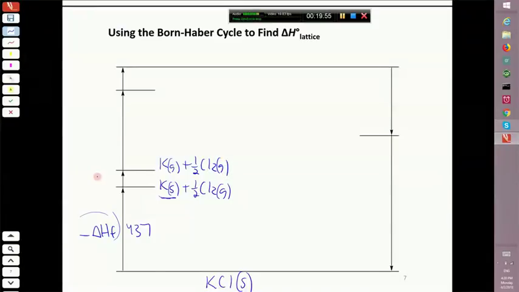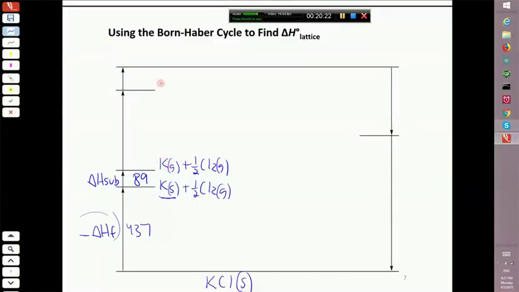This step, as we said, is referred to as the sublimation enthalpy or atomization enthalpy. For potassium, it's 89 kilojoules per mole. So it requires 89 kilojoules per mole to go from solid phase to gas phase potassium, and that's going to be the next step in our cycle. The reason that has to be the next step is that we want to form gas phase potassium ions, but the ionization energy for potassium is defined exclusively in the gas phase.